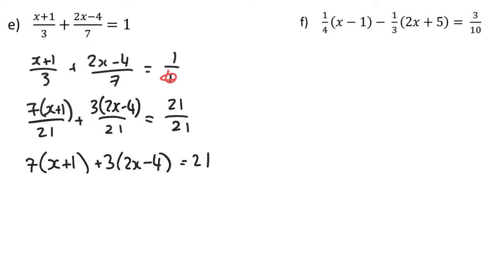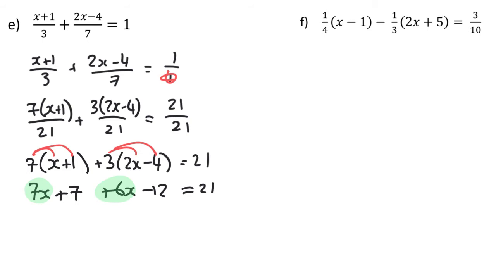We can expand into the bracket, so multiply 7 into x plus 1 and 3 into 2x minus 4. And we get 7x plus 7 in the first bracket and 6x minus 12 in the second bracket. And that equals 21. We can collect terms. So on the left we've got 7x plus 6x, so that's 13x.